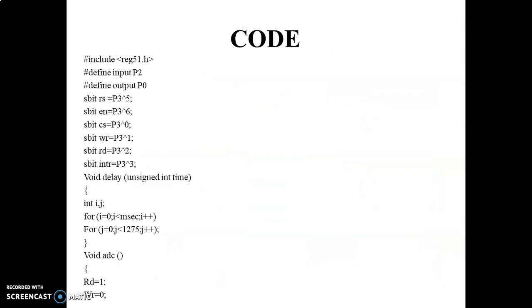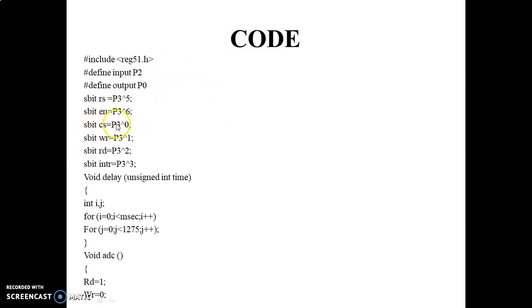Then this is the code. First is the header file, then the input port, which reads the values from the ADC, then output ports are connected to LEDs, then the register select and enable are used for controlling the LCD.